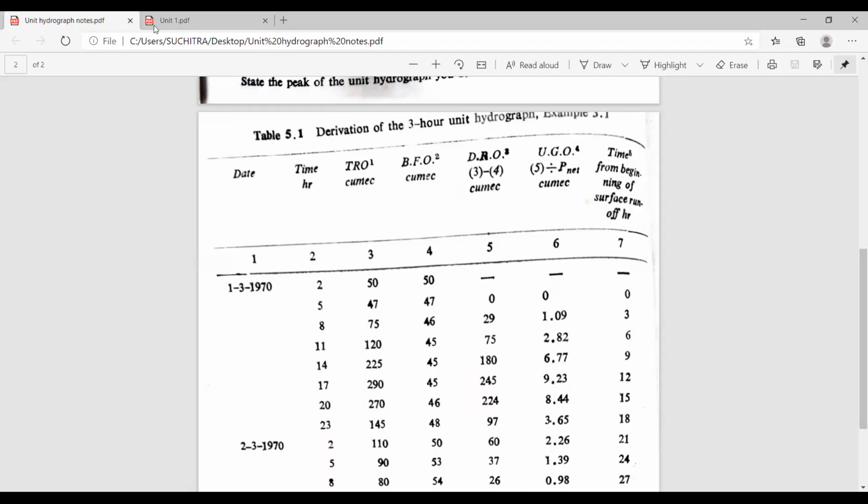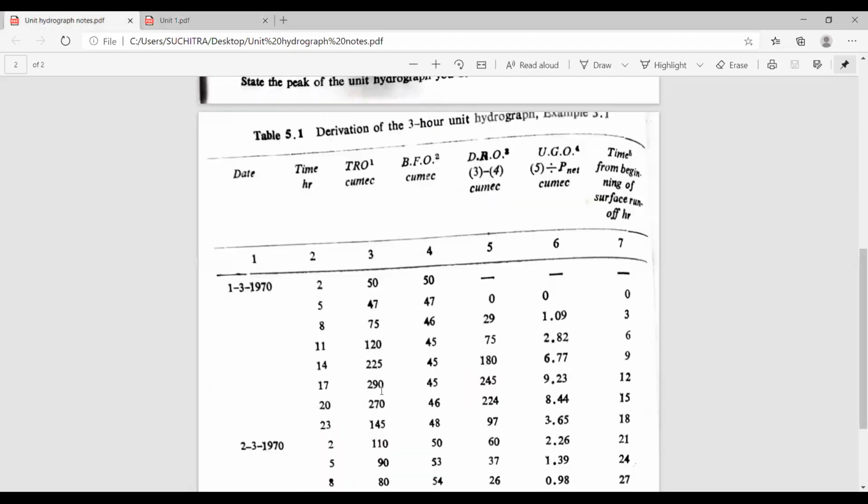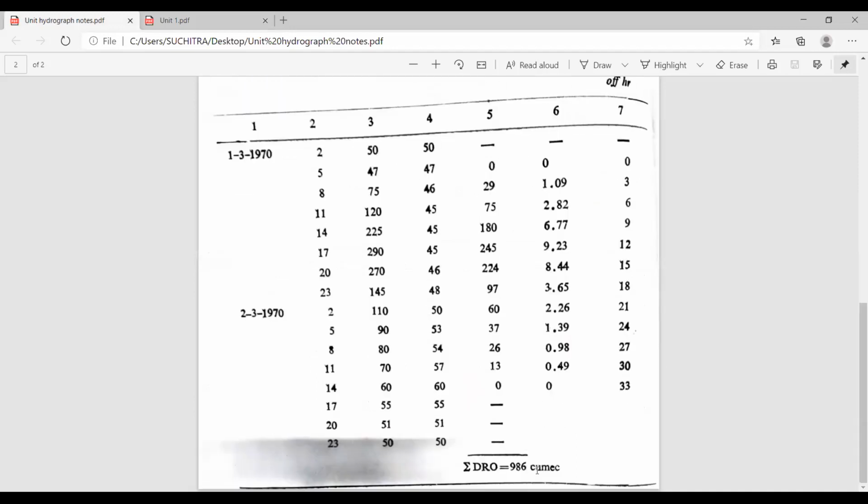So these direct runoff ordinates have to be divided by P net. P net is nothing but sigma QD divided by A, where sigma QD is the sum of the direct runoff ordinates. Here the sum of the direct runoff ordinates works out to be 986 cumex.